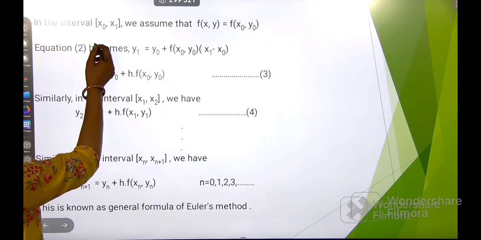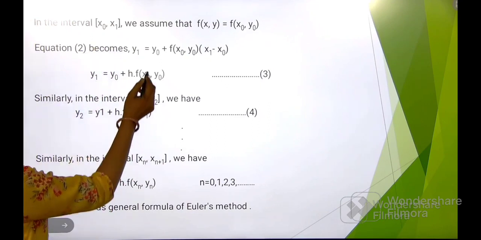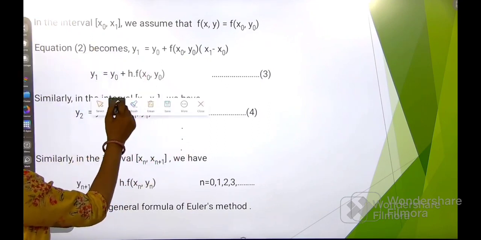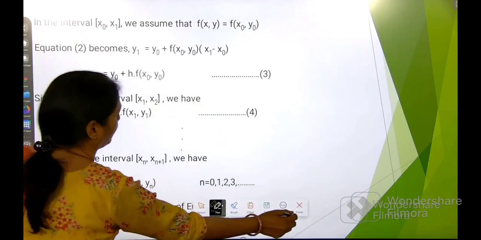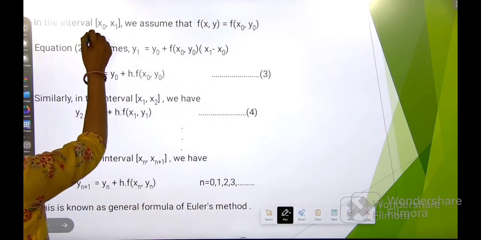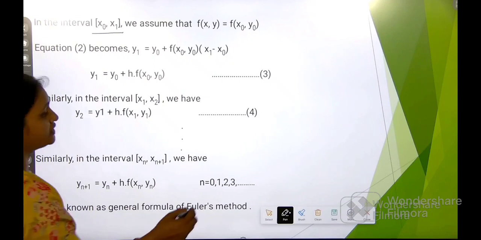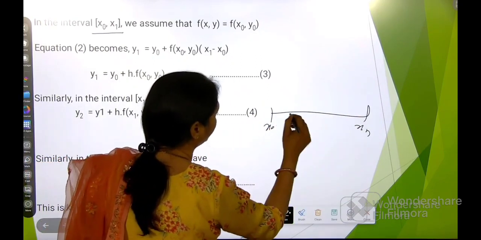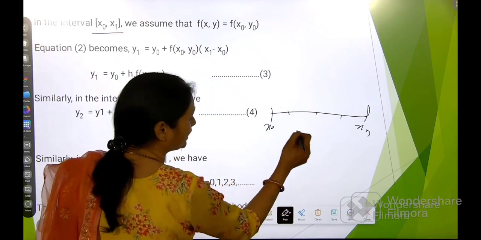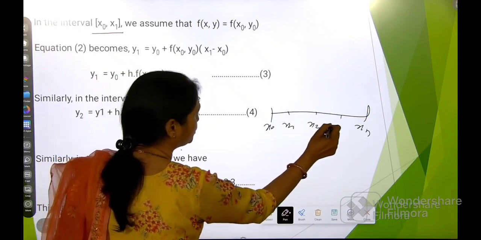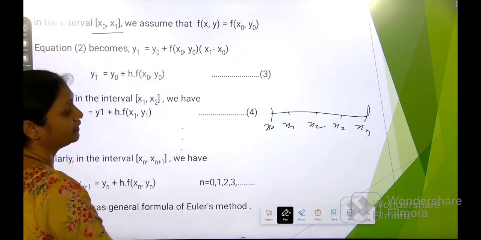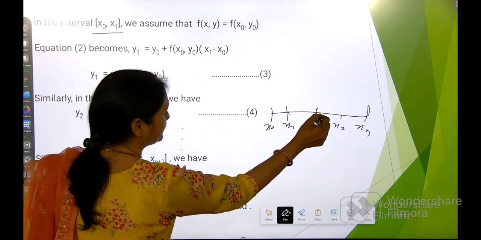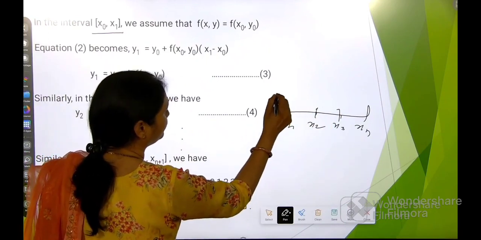Now here the interval is x0 to x1. Since we have divided the interval x0 to xn into multiple sub intervals, x0, x1, x2, x3, these are the sub intervals having the width h.